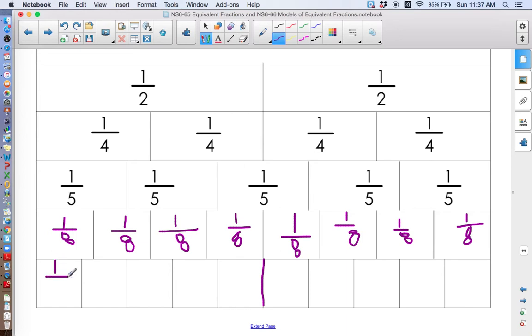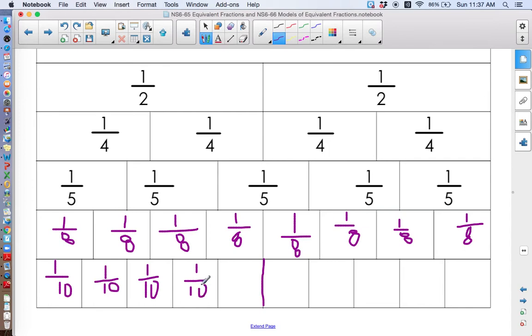Okay, so then 1/10. So you're looking to see what are equivalent fractions. What takes up the same amount of space if I were to cut anywhere on this pyramid?